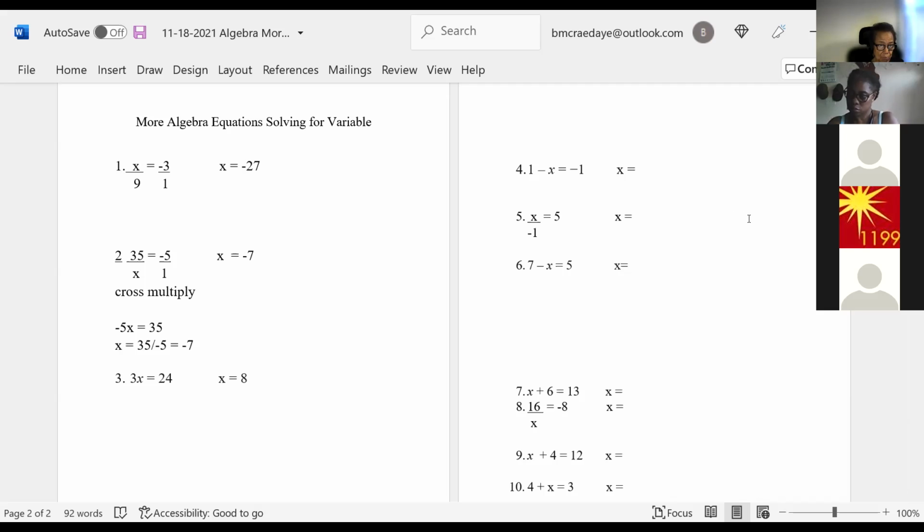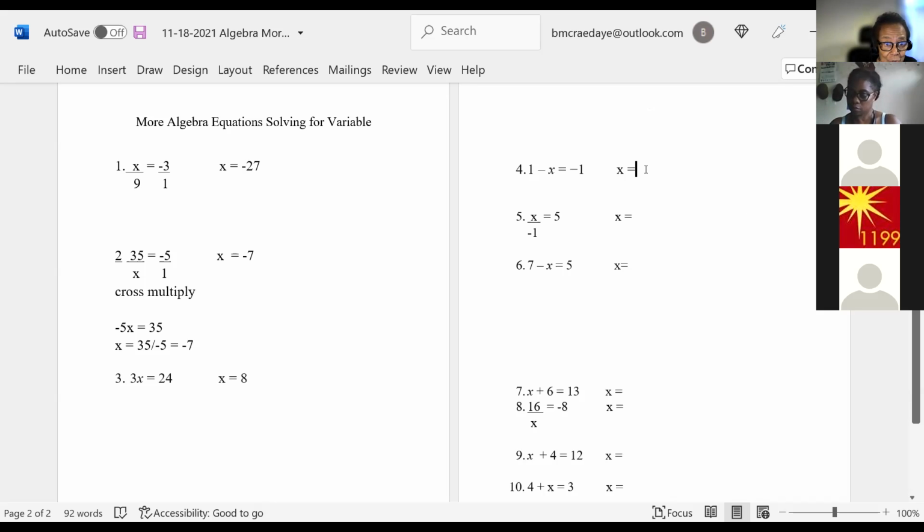A minus 2? Minus 2? Minus minus is going to give you a plus. A minus and a minus is a plus. What number subtracted from 1 gives a minus 1? A plus 2. That's it, plus 2.